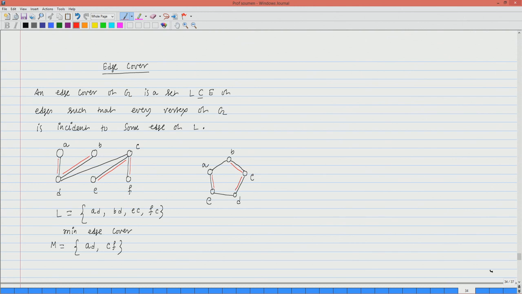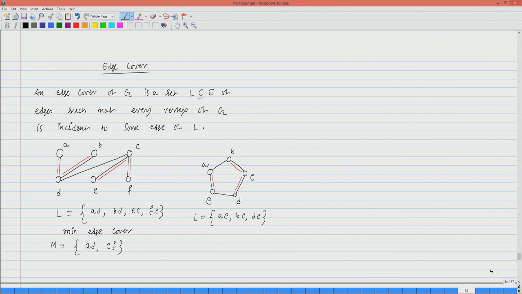So, let me consider this edge. So, my edge cover L consists of these 3 edges AE, BC, and DC.